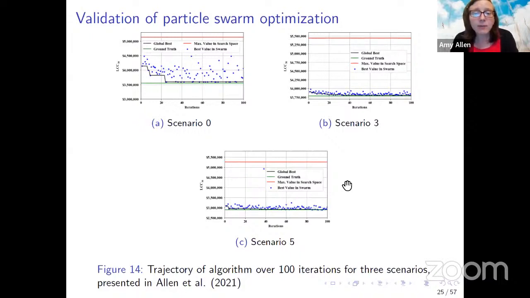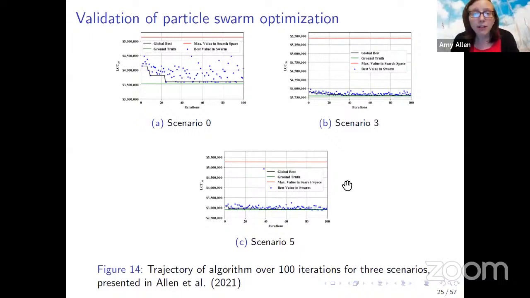And as shown here, within 100 iterations of the algorithm, for each of these scenarios, as well as the others, the algorithm converged to either the global best value shown through the exhaustive search, or a value within a marginal difference from that value.